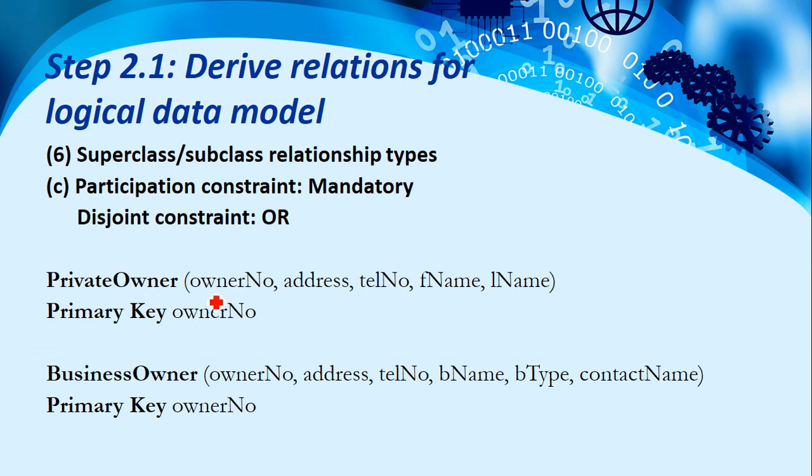So, private owner, this one here, kaya sinabing combined, no? Kasi this one came from the owner superclass, and this one is from the private owner subclass. Itong attributes na to, itong tatlo, from the owner superclass, ito sa private owner nga subclass. Nilagay lang yung mga attributes nila, and yun, these are the attributes for this private owner na relation.